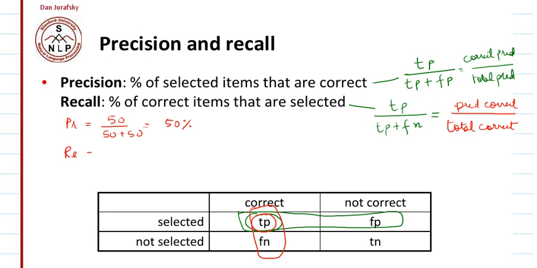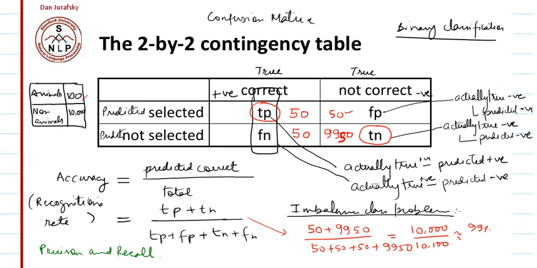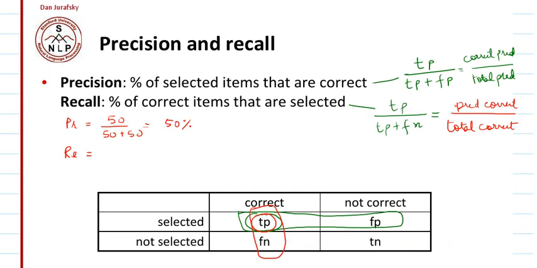Similarly, recall is equal to true positive 50 upon TP plus FN, which is again 50 plus 50. This is again 50%. So now you see that in this case the recall is actually, among the true classes, how much it is able to recognize correctly.